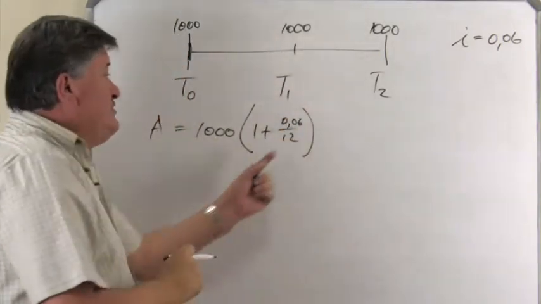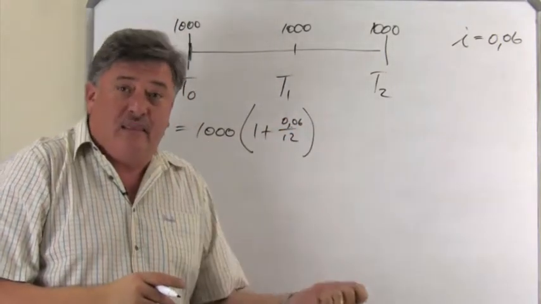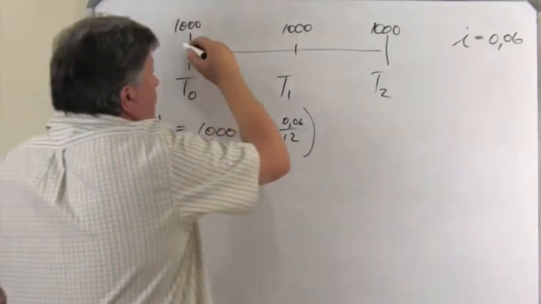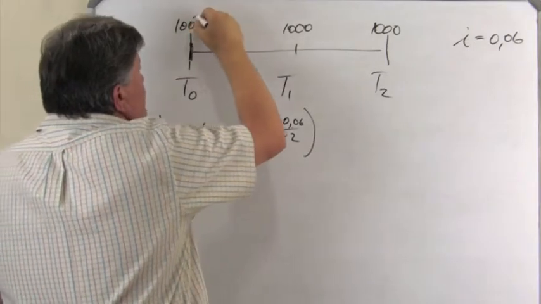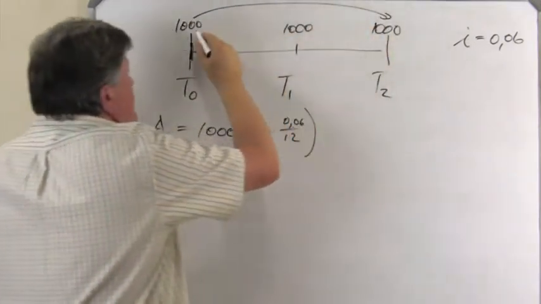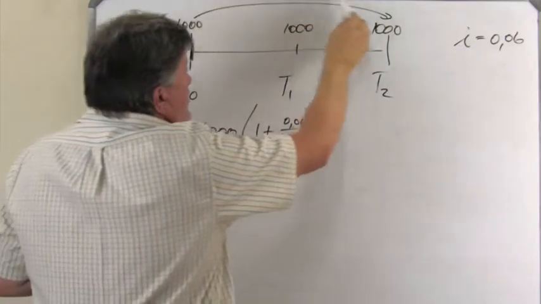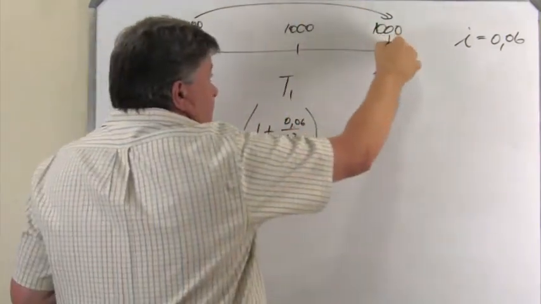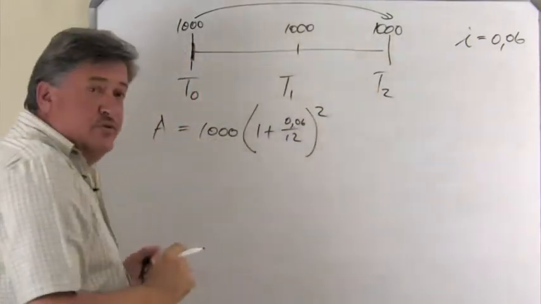And now I need to put down how many months, because it's per month. So now I take this amount and I want to grow it for 2 months up to this point. So that will be the exponent of 2.